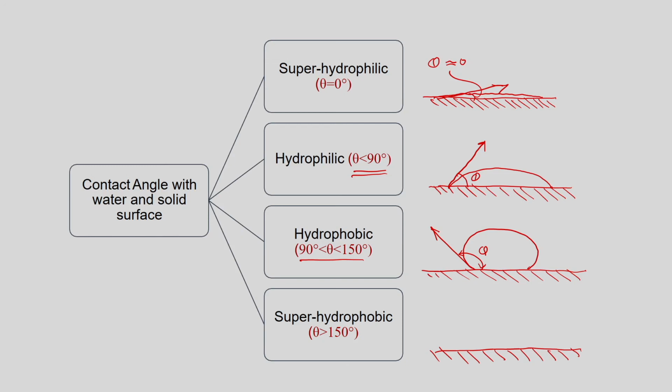In this case the drop touches only in this small region, so theta will always be greater than 150.